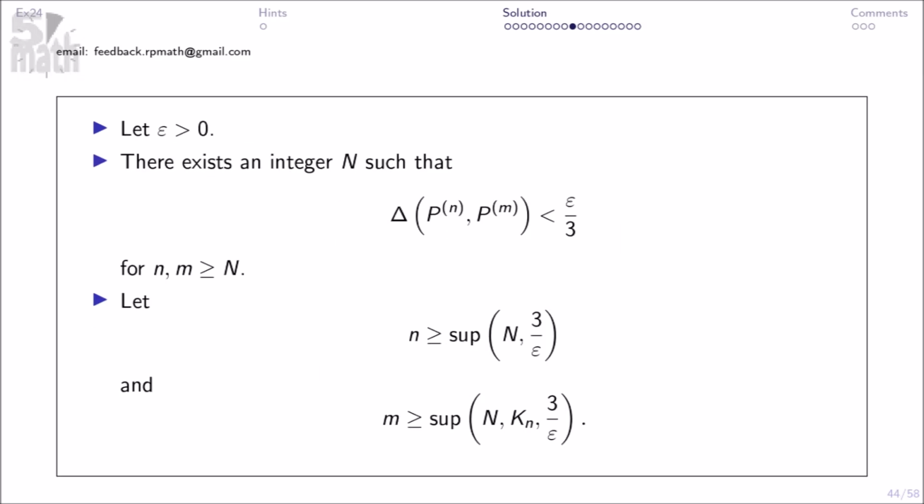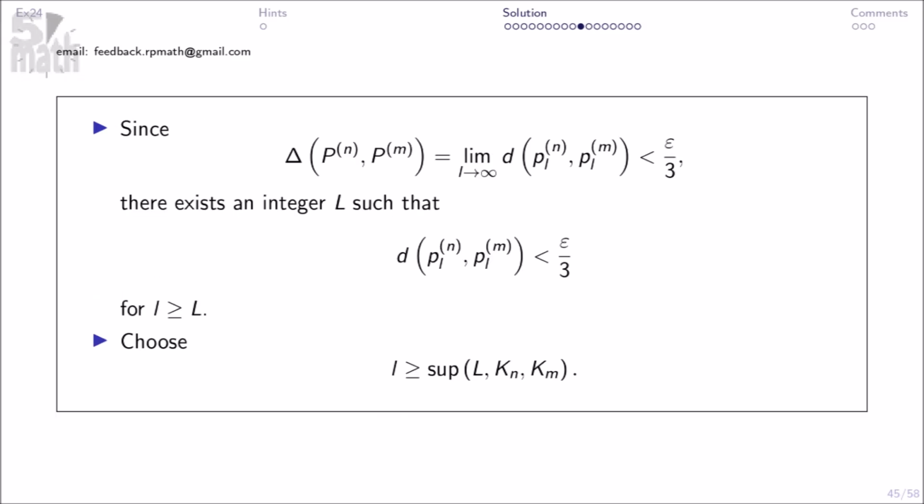Let epsilon be greater than 0. There exists an integer big N such that this for n, m greater than or equal to big N. Let this and that. Since this, there exists an integer big L such that this for L greater than or equal to big L. Choose the following.